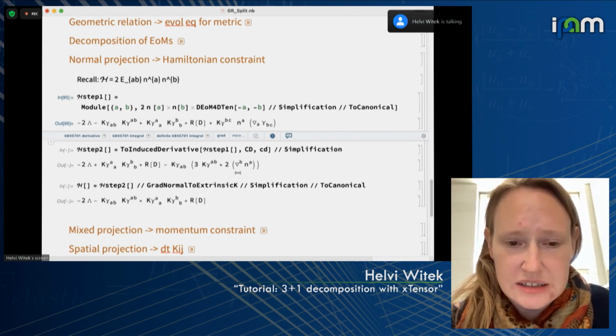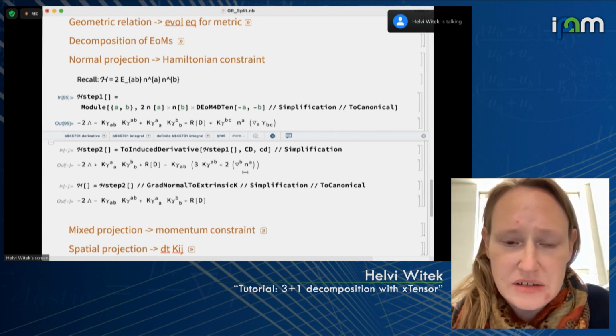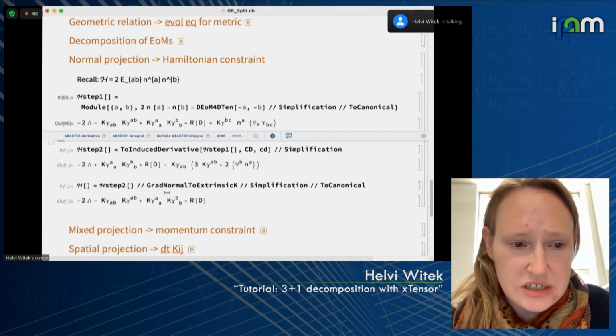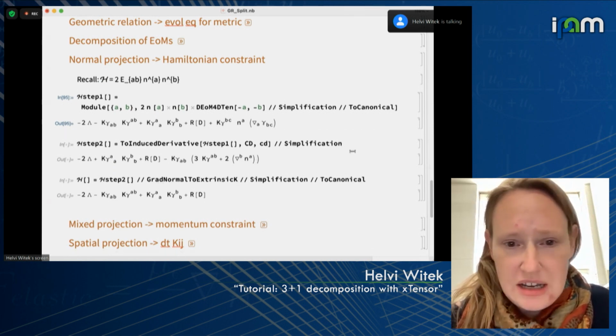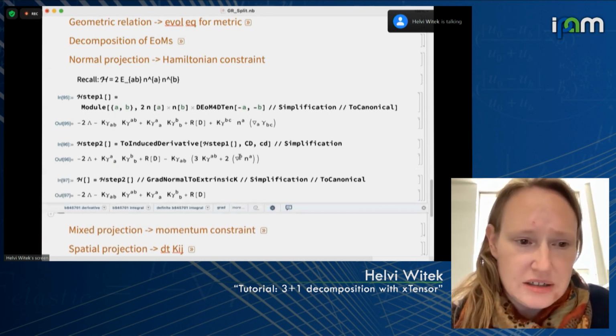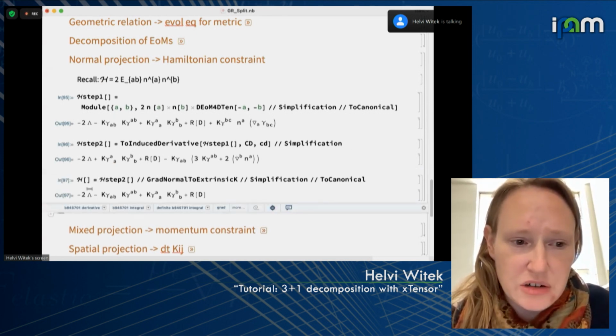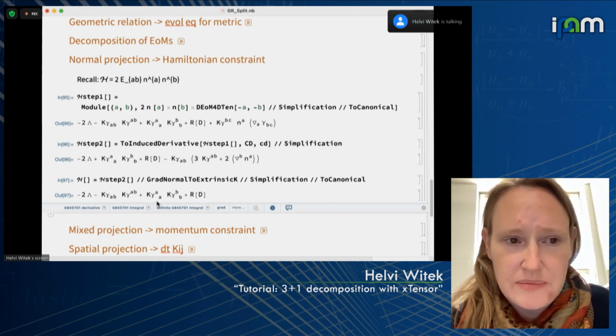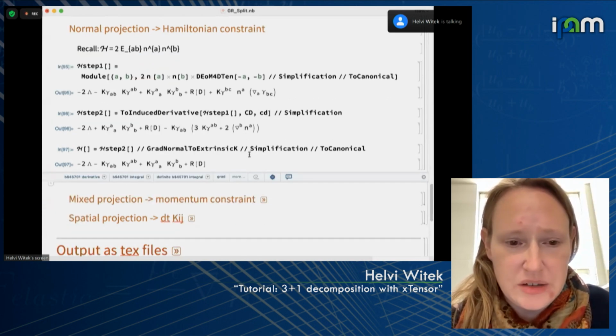And here we have this gradient or derivative of the normal vector. We know that this can be related to the extrinsic curvature. So I'm again replacing this with extrinsic curvature, do some more simplifications. And now we have the usual expression of the Hamiltonian constraint in terms of the three-dimensional Ricci scalar and the extrinsic curvature, and this indicates the trace of the extrinsic curvature. Good, so that's our first constraint equation.